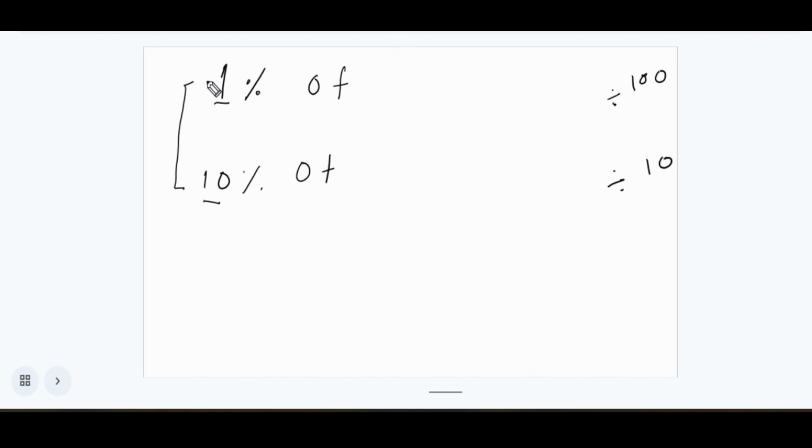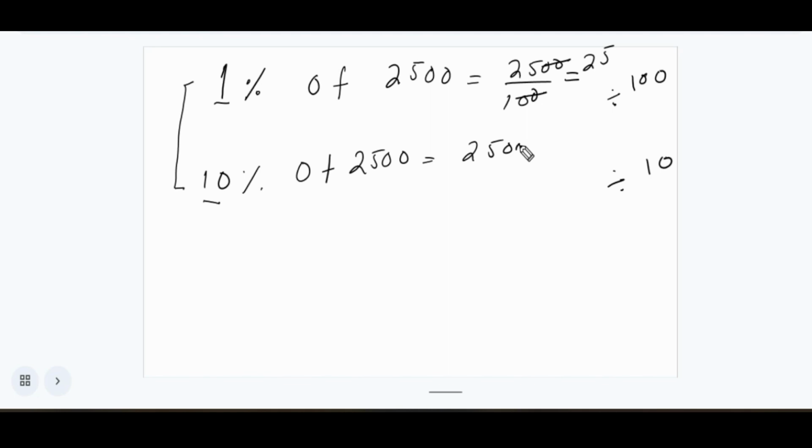For example, 1% of 2500 will be equal to 2500 divided by 100. These two zeros will be cancelled out and we will be left with 25. 10% of 2500 is equal to 2500 divided by 10. The zero will be cancelled out and we will be left with 250.